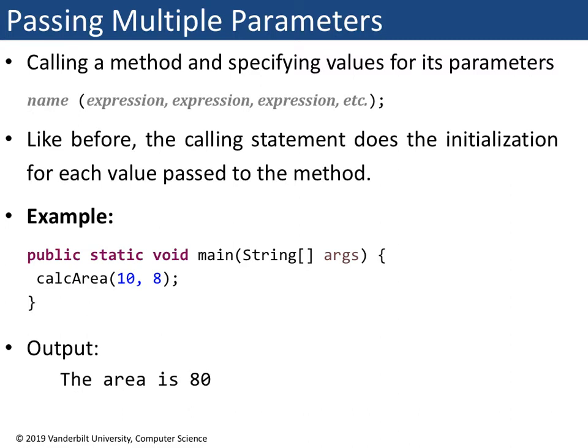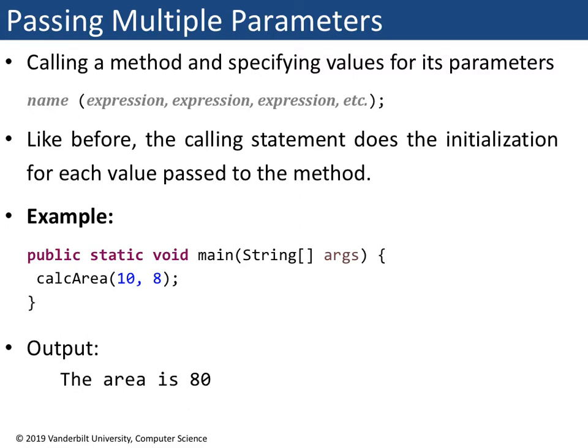So let's look at our calc area example below, and we have a main method. When we begin to execute, we find the first statement in the main method, and that's the first statement that will be executed. So it's a call to our calc area method, and then we have an expression which will pass a value to our first parameter followed by a comma, and then an expression which will pass a value to our second parameter.